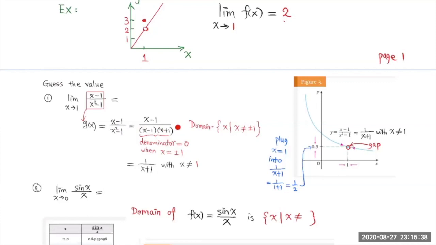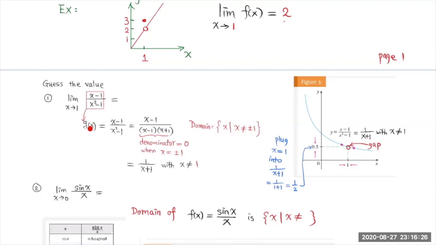Remember, for a rational function, the denominator cannot be equal to 0. So we have to exclude those numbers that make the denominator equal to 0. Now, after that, you will divide out this common factor x minus 1. After you reduce them, remember that we still have the same domain. x does not equal positive or negative 1.